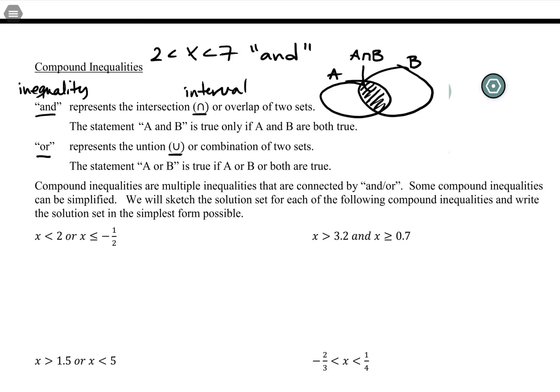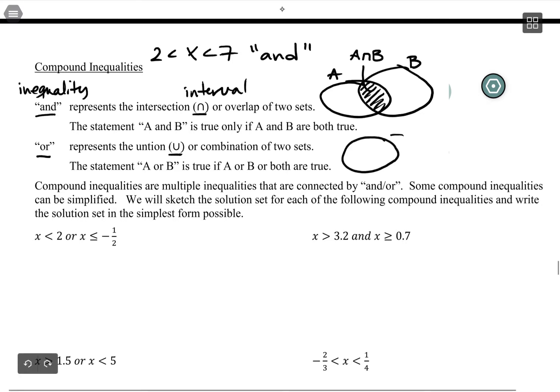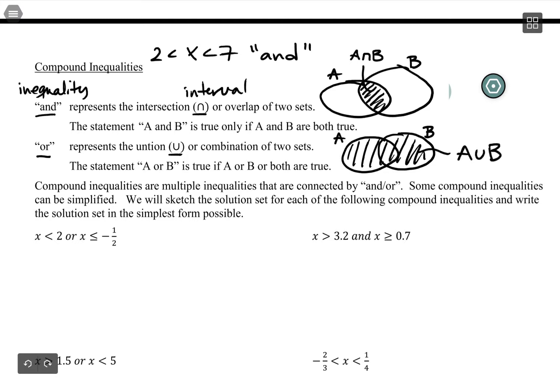I see a T in union there. So union of two sets, that's true whenever we find a value that's in A or B or both. So the entire combination of the two sets would be the union, and that would be or.